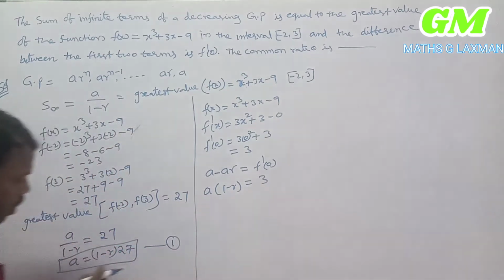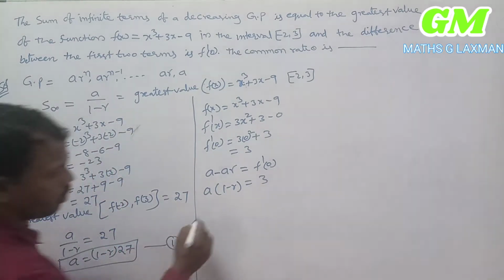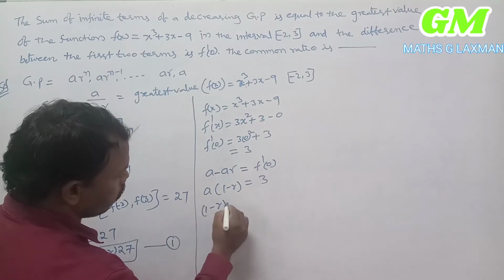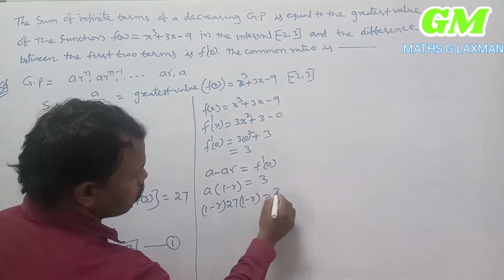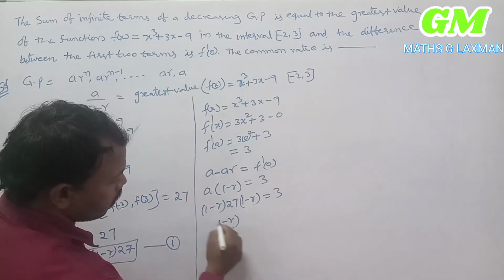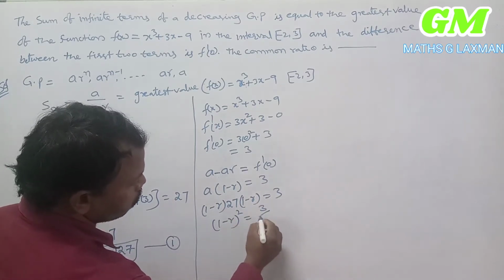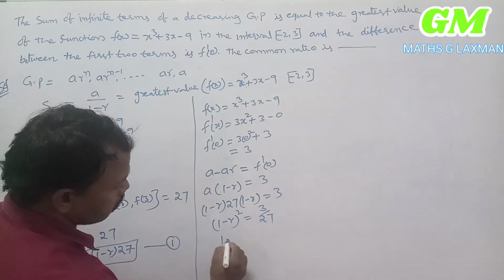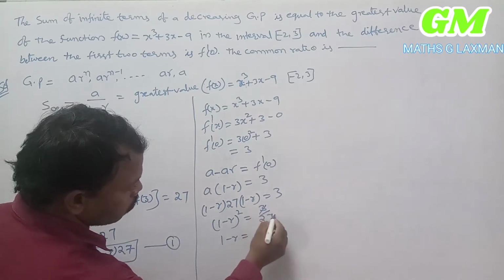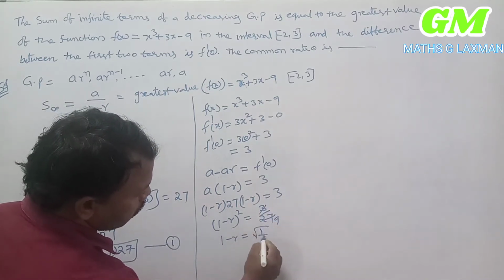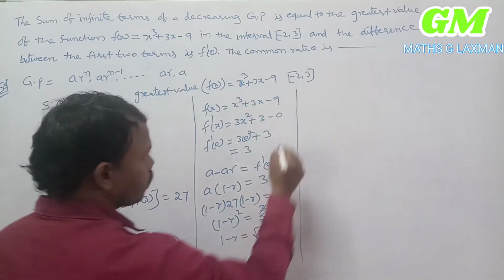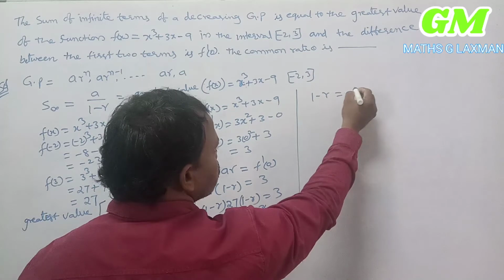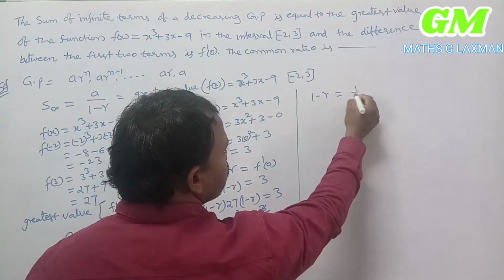So what is the a value from 1? It is 27, so 1 minus r into 27 into 1 minus r is equal to 3. Then (1 minus r) whole square is equal to 3 by 27. Then 1 minus r is equal to the root of 1 by 9, so 1 minus r is equal to 1 by 3.